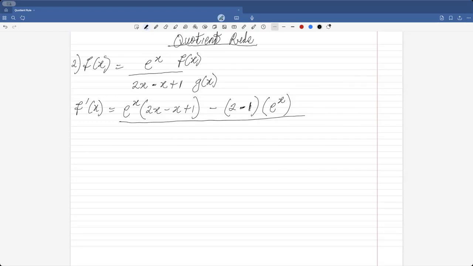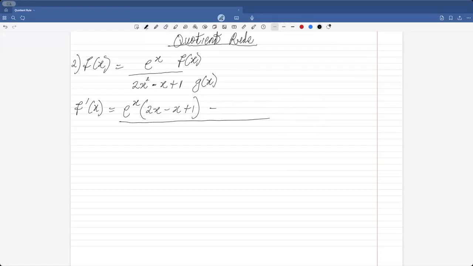sorry, I think there's a mix up here. So let me just call this squared and let me leave this way. So I would like to rewrite this derivative here. There's an error in the question. I take that back.